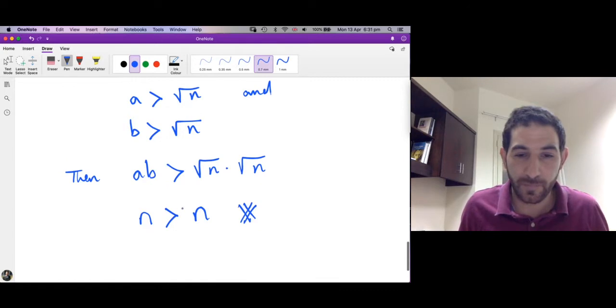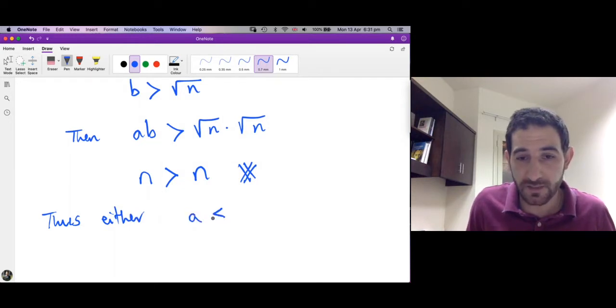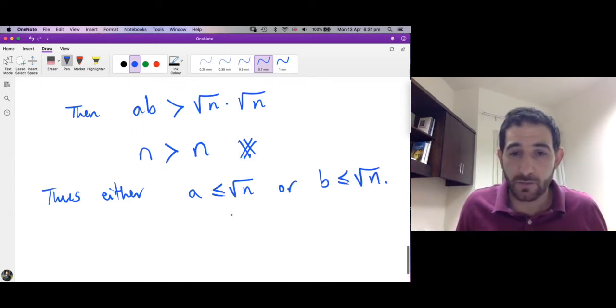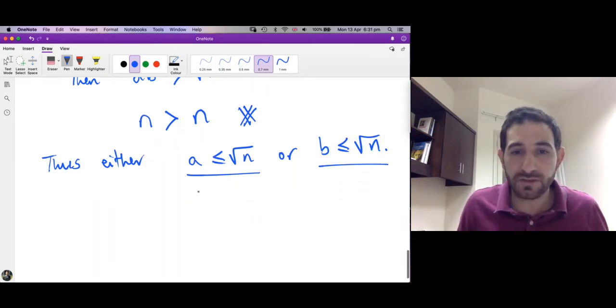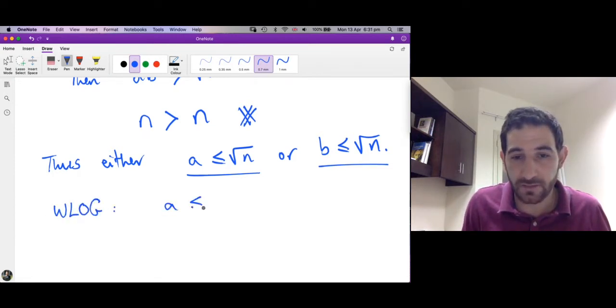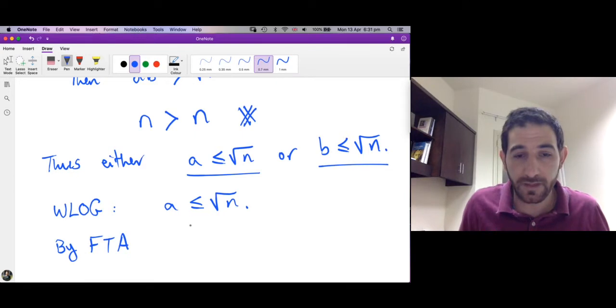So it means thus either a is less than or equal to the square root of n, or b is less than or equal to the square root of n. Okay, one of them must be true, either this or that. Let's say without loss of generality, suppose a is less than or equal to the square root of n. Now, by the fundamental theorem of arithmetic, what do we know about a?